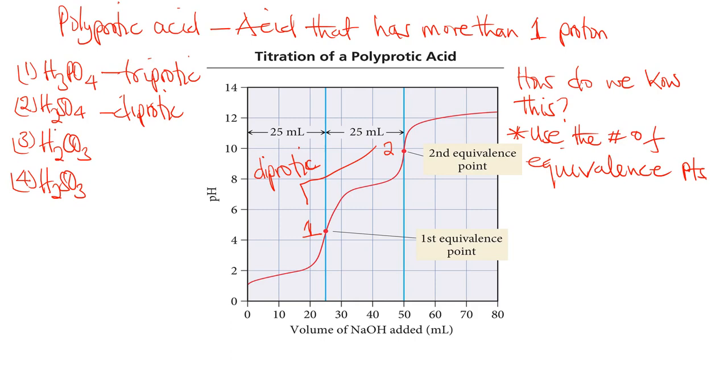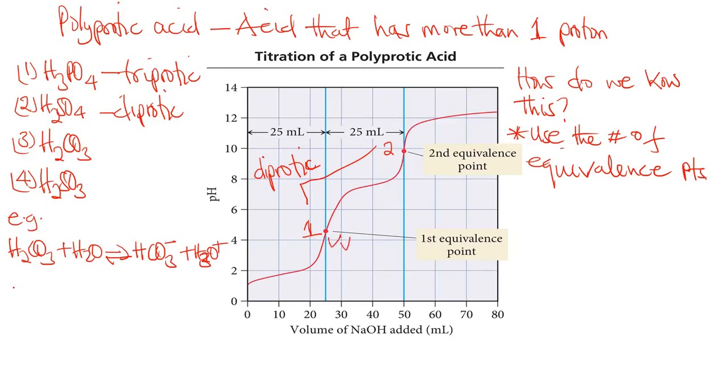For example, if we have H2CO3 and water to form HCO3 negative and hydronium ion. So this is the first neutralization that you see here.